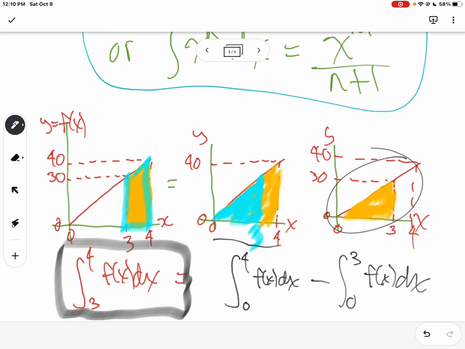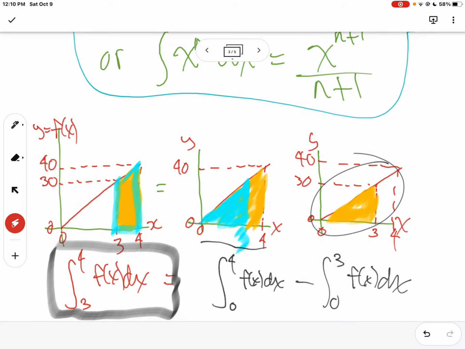So look at this. You can notice something. If I want to get the area from 3 to 4, I just calculate the area from 0 to 4 and take away 0 to 3. That's the method that we use all the time to do this, and it's actually a faster way to do it.